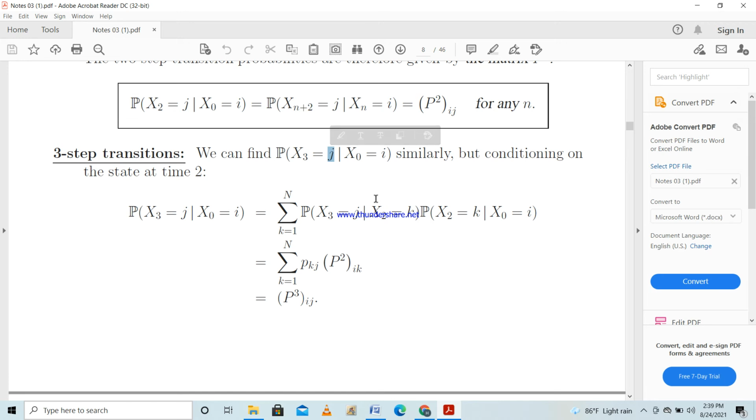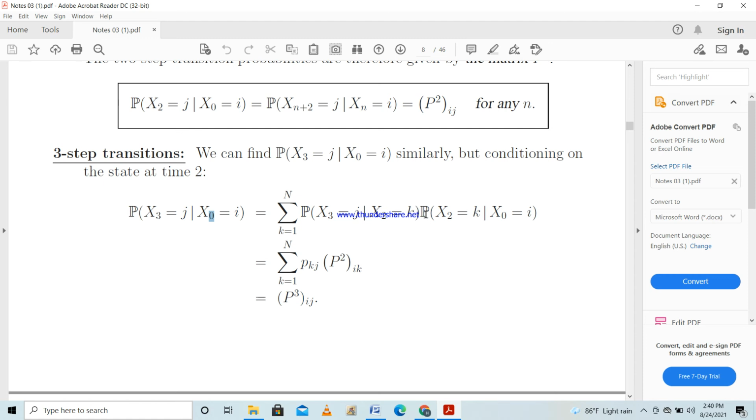So given that at time 0 we are at state i, we want to find the probability of reaching state j at time 3. Using the same process, we can put an intermediate step, that is, let's say when time is equal to 2, we are at state k, and when time equal to 3, we are at state j.